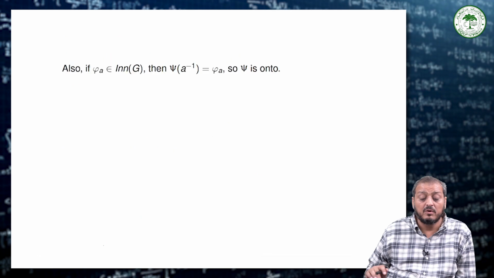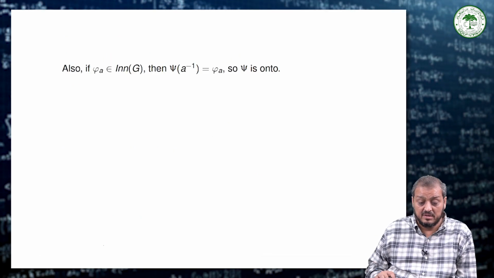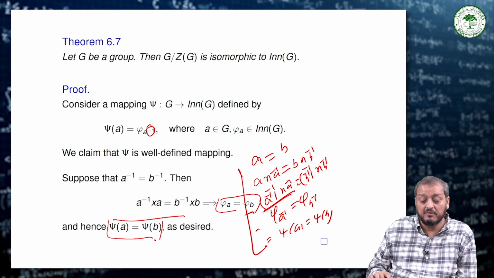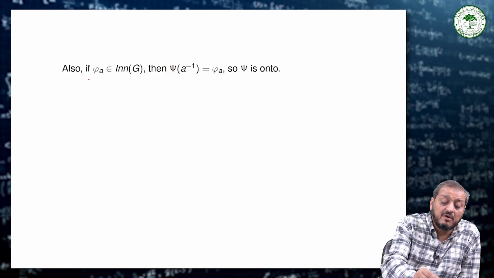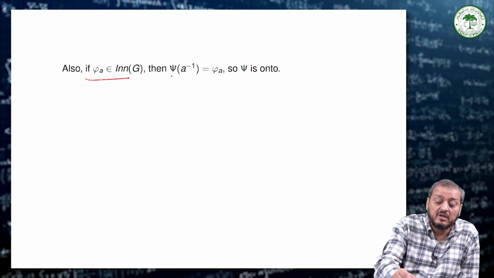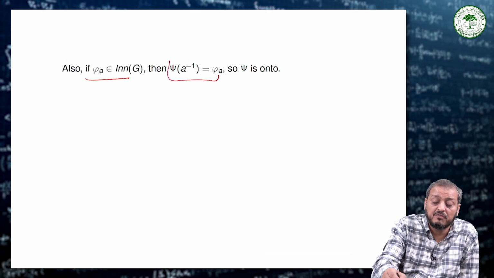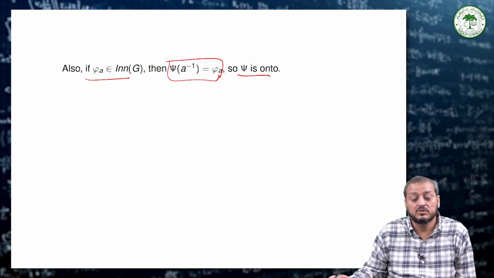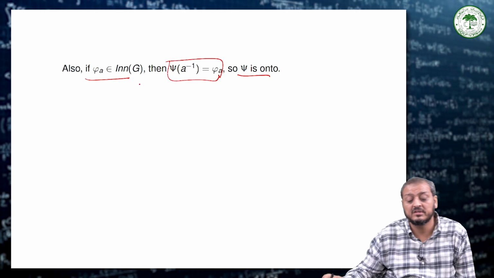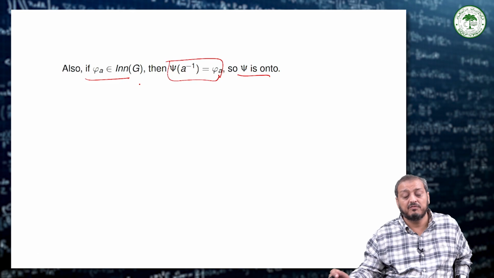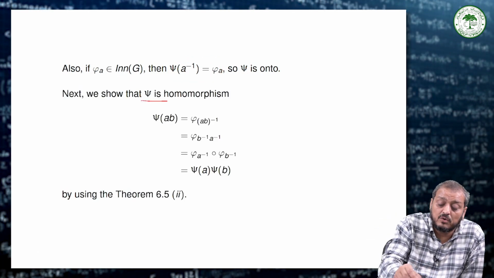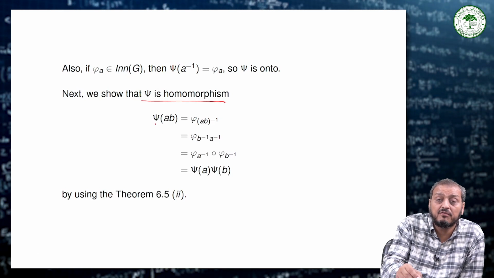Now we have to show that, I think it is better we take phi of a, no need of an inverse. If phi of a is in the automorphism of G, then psi of a inverse is equal to psi of a, and clearly psi is onto. So if we have taken a inverse, then this is equal to phi of a, and phi of a is clearly onto.